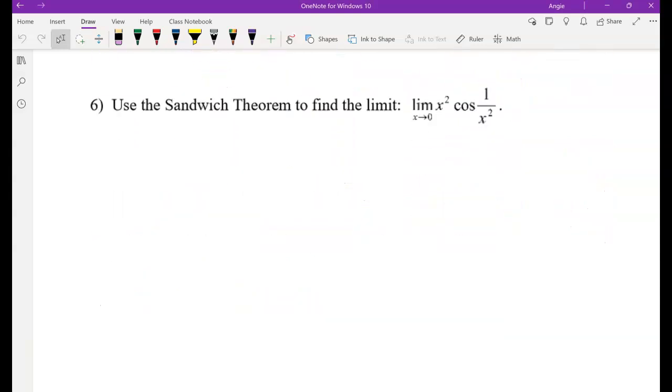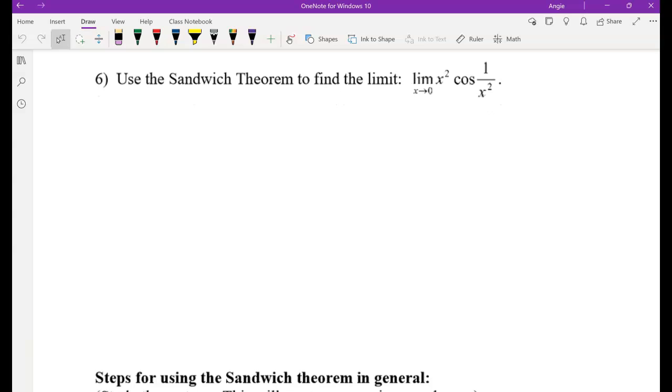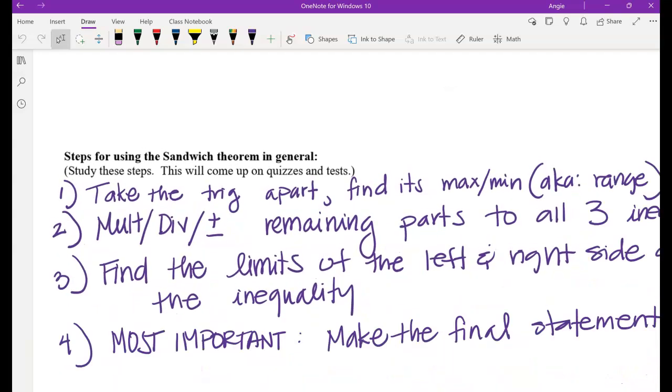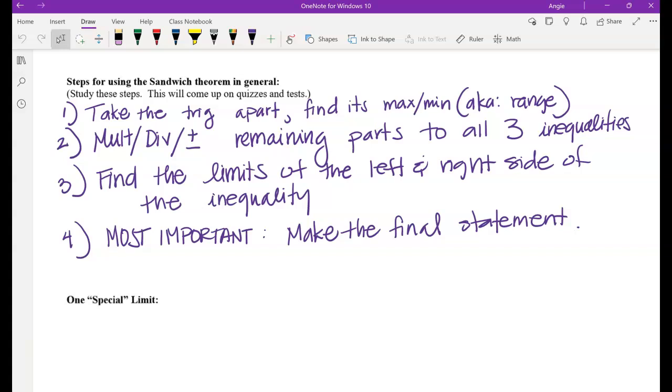Okay, so we have example 6 here in which we are going to use the squeeze theorem. Now we have the steps here, which we are going to write down. There are 4 of them. 1, take the trig apart, find its maximum and minimum, aka the range. 2, we're going to multiply, divide, add, subtract, whatever it is, the remaining parts to all 3 inequalities, because whatever you do to one side, you do to all of them. 3, find the limits of the left and right side of your inequality.